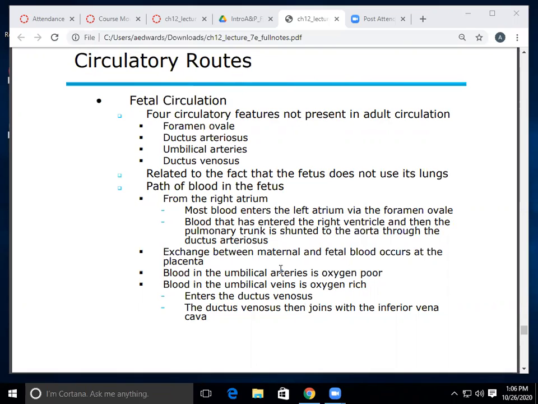At that point, blood is going to spill through the foramen ovale over into the left atrium. Some of that blood gets pumped to the body through the systemic circuit. Whatever doesn't goes into the right ventricle, into the pulmonary trunk, and then gets shunted away from the pulmonary trunk through the ductus arteriosus to the aorta, and still goes to the body.